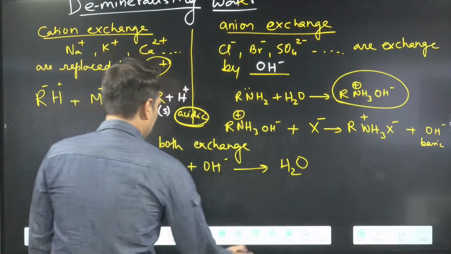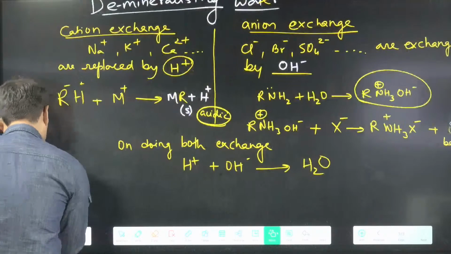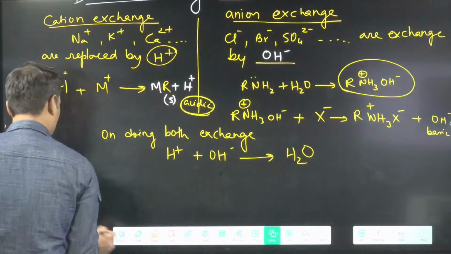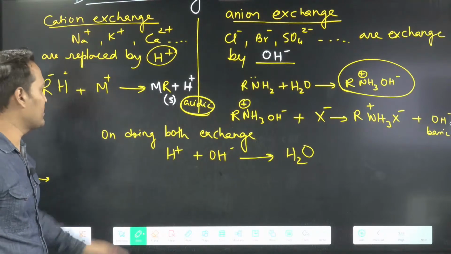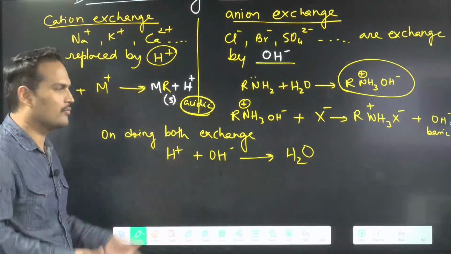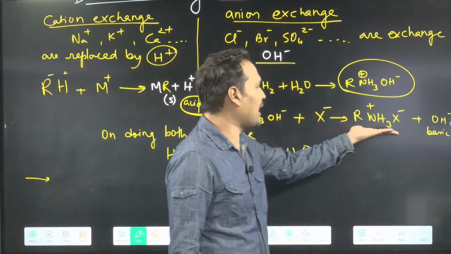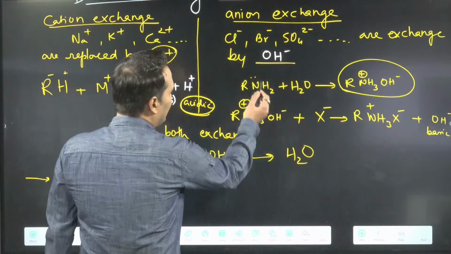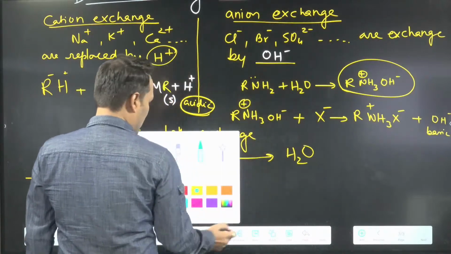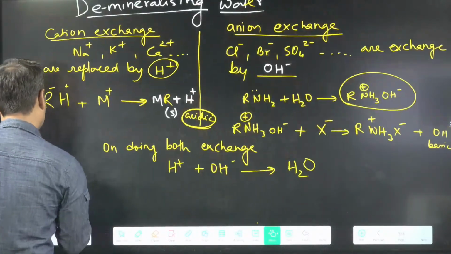So done. Now there is a statement here. Two questions we are going to see. Suppose I have done cationic exchange, I got this Mr. I have done anionic exchange, I got this RNS3 plus X minus. I want to generate my original things, for regeneration.